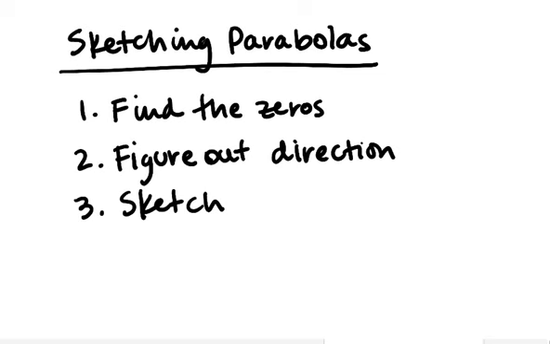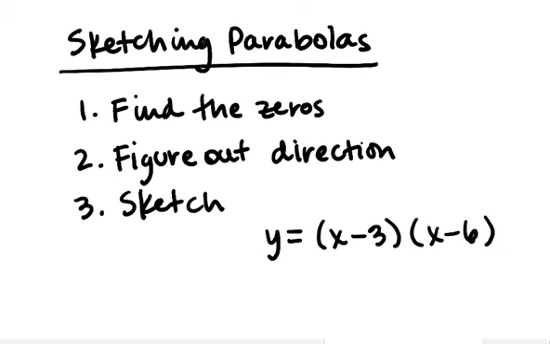So for instance, if I had, say, y equals, I'll do a nice easy one, x minus 3 times x minus 6. I could draw a quick sketch of that by drawing a number line, plotting 3, and plotting 6. Well, if I were to FOIL that, I would get positive x squared, some number of x's, and looks like positive 18.